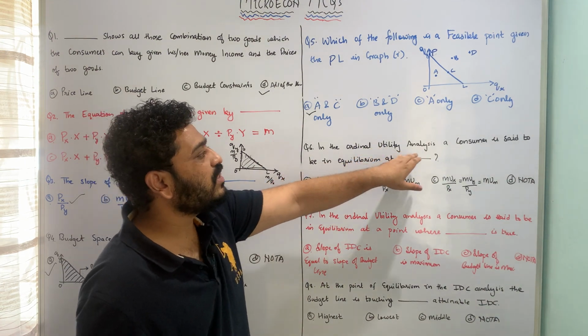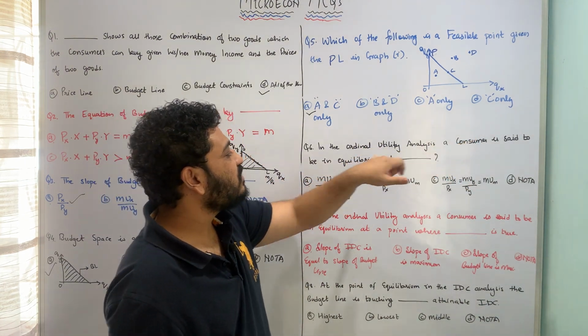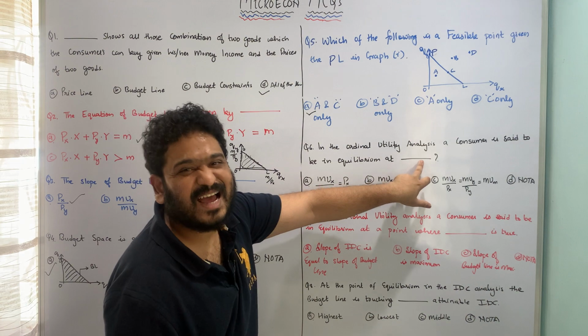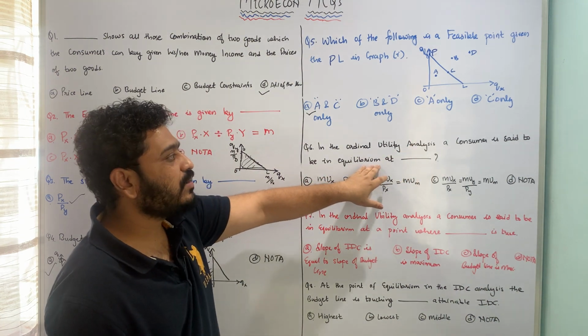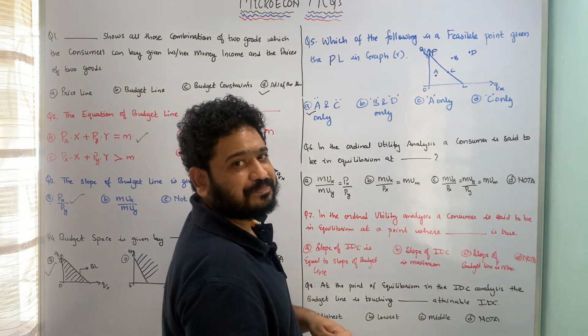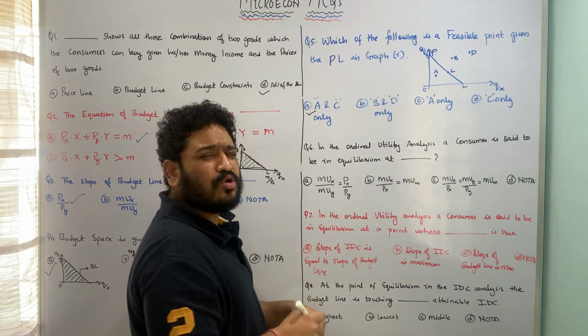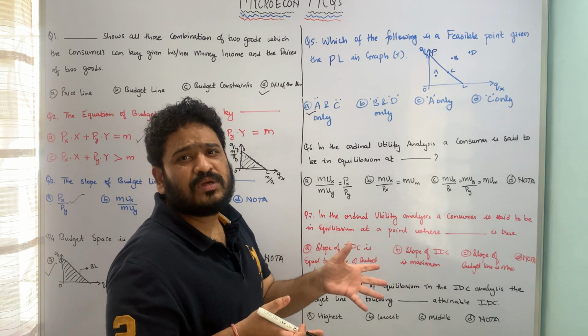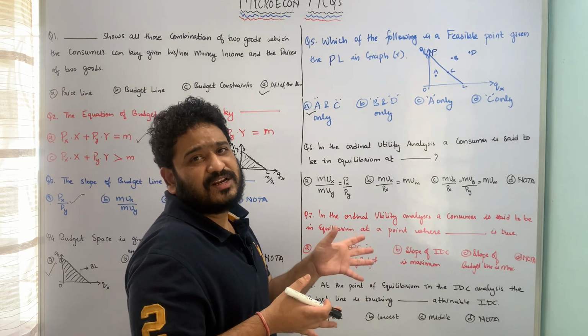In ordinal utility analysis, a consumer is said to be in equilibrium at dash. So what is the condition of equilibrium? For a consumer to be in equilibrium in the ordinal utility analysis, we say that the slope of the budget line should be equal to the slope of the indifference curve, that is, the marginal rate of substitution.